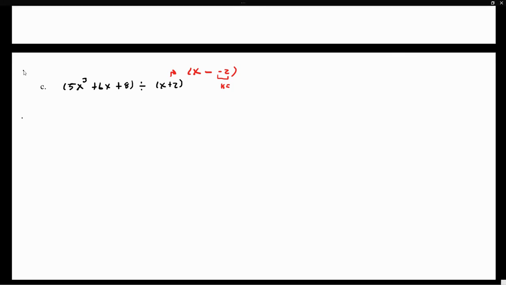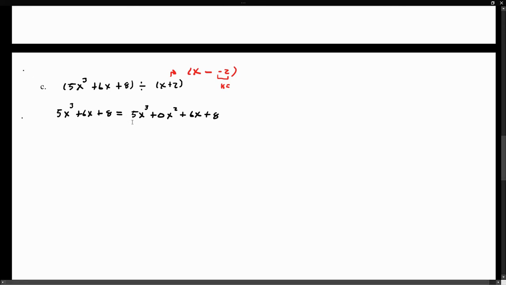Well, there's one way to think about this problem. We can see that the expression 5x cubed plus 6x plus 8 is equivalent to the expression 5x cubed plus 0x squared plus 6x plus 8. And it's beneficial for us to rewrite it in this form, because whenever we want to use either long division or synthetic division, we want to make sure that every single variable is being counted.